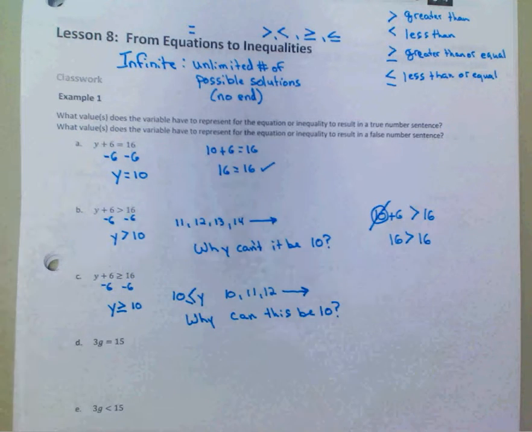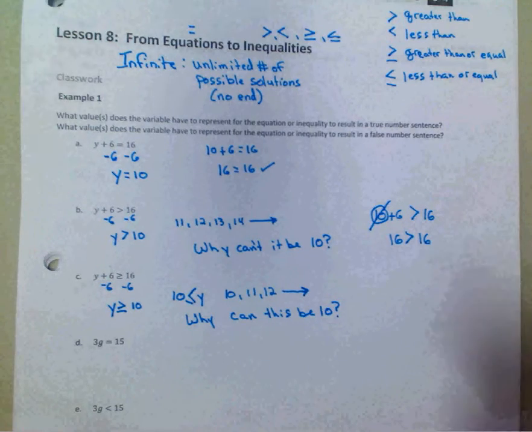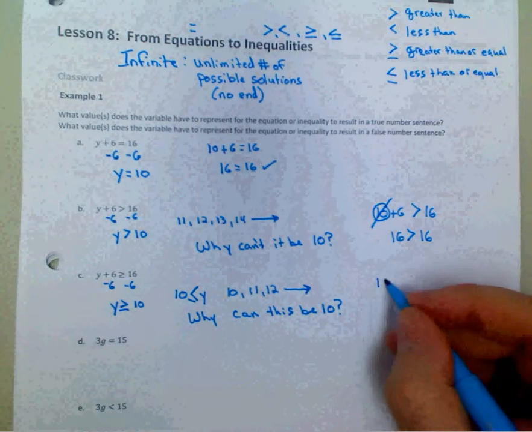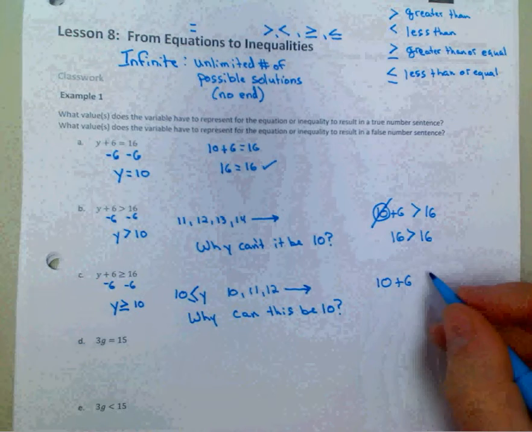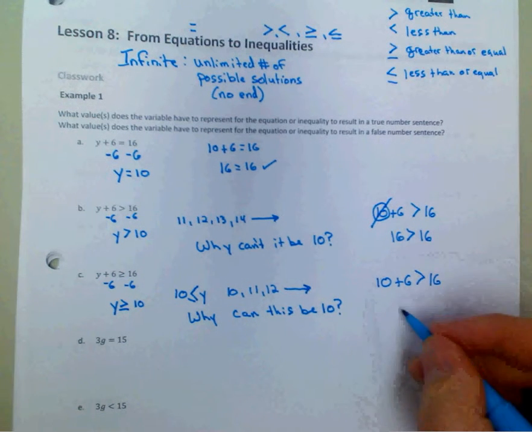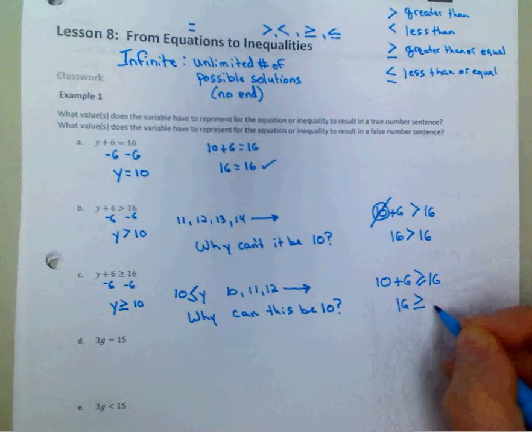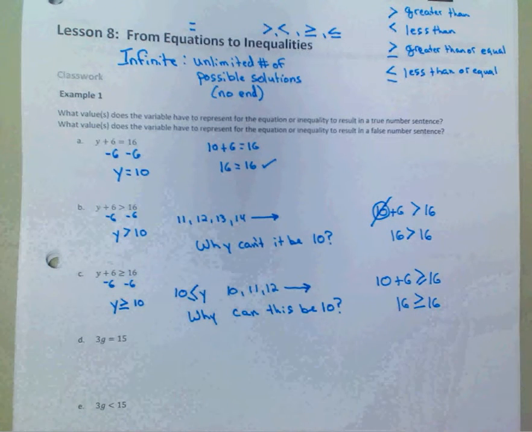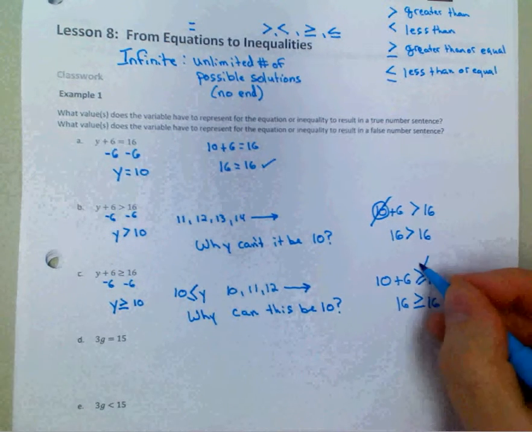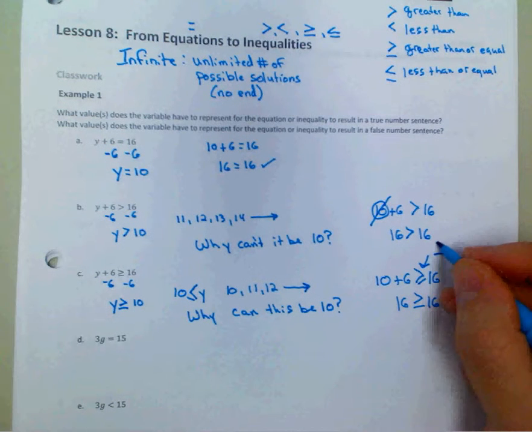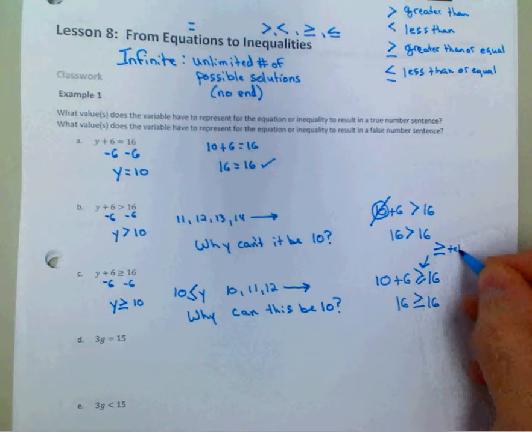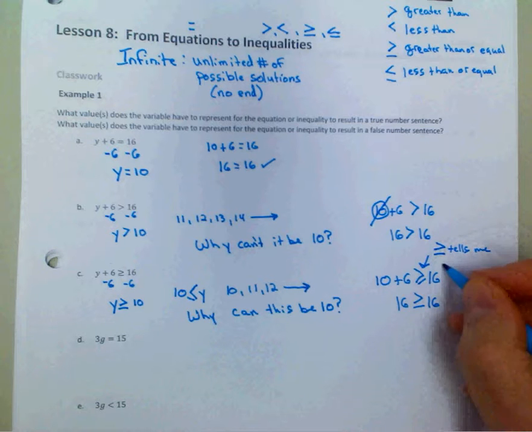The reason, now that you've hit play again, that this can be 10, we have 10 plus 6 is 16. 16 equals 16. 16 is greater than or equal to 16, is that symbol. This symbol with the bar underneath it tells me it can be equal.